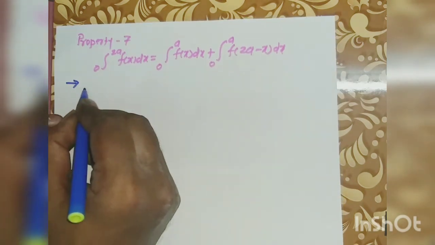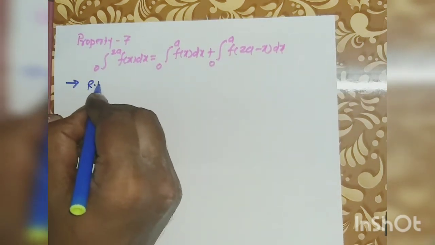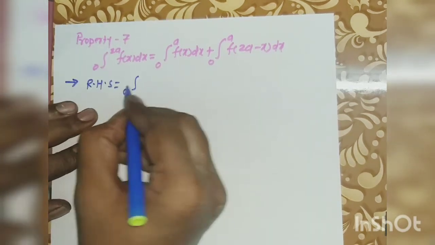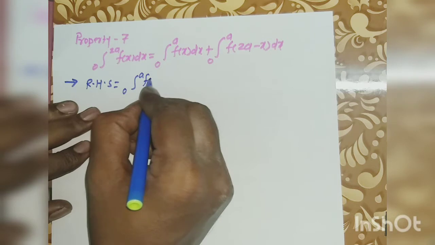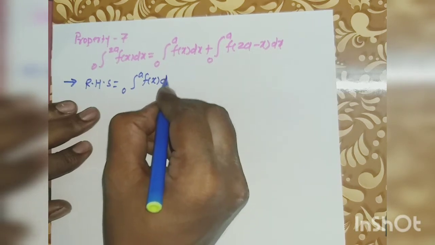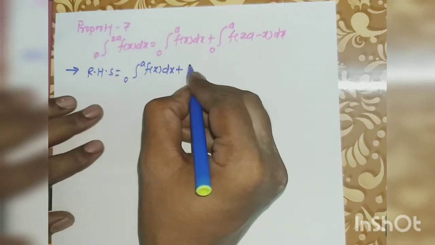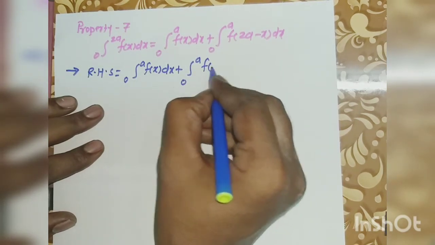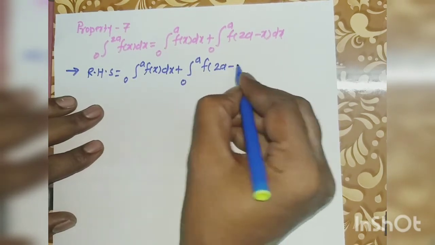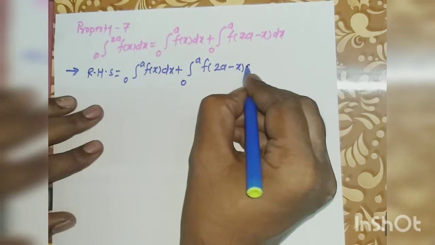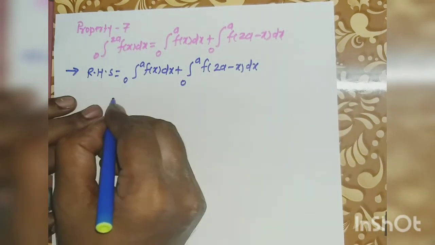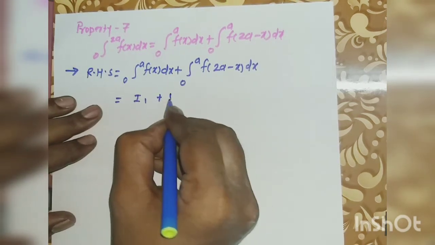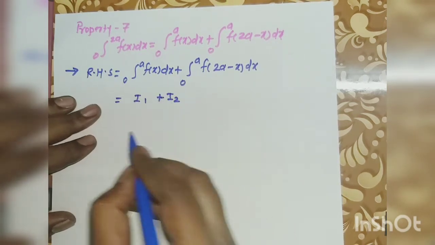Now we consider the RHS. RHS is equal to integration of 0 to a of f(x) dx plus integration of 0 to a of f(2a minus x) dx, which is equal to I1 plus I2.